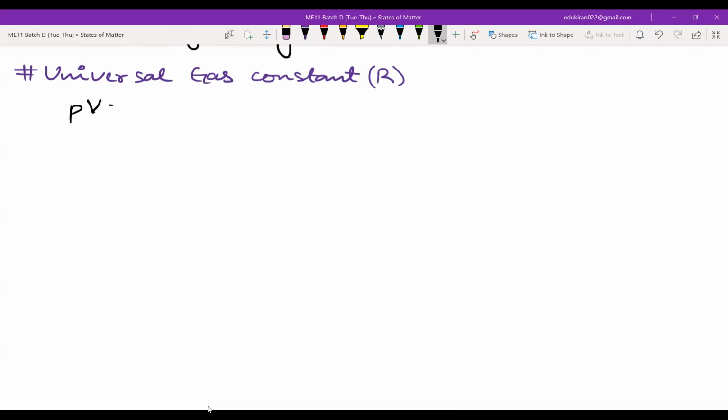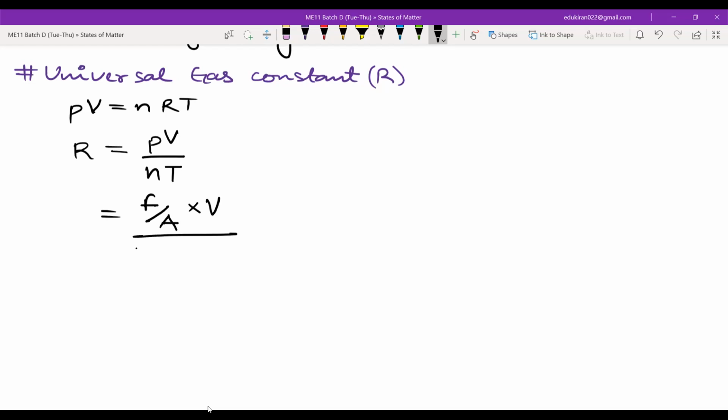So we have PV is equal to nRT. And here we can write R is equal to what? R is equal to pressure into volume divided by number of moles into temperature. Also, pressure is nothing but force upon area. Volume is just volume. And we have moles into temperature.